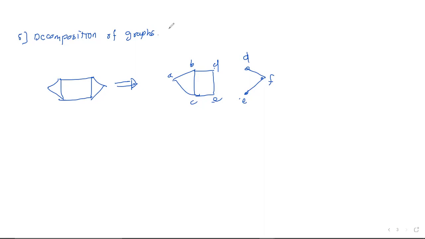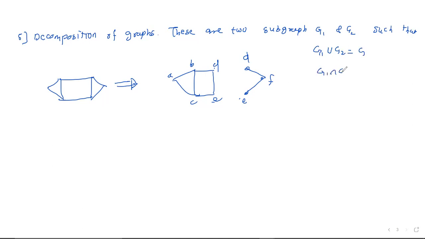So we say these are two subgraphs, suppose we write G1 and G2, such that if we find the union, then we should get the original graph, and if we take the intersection, then it is an empty graph.